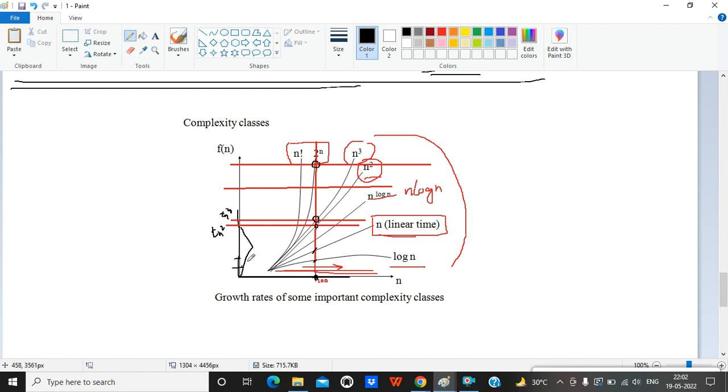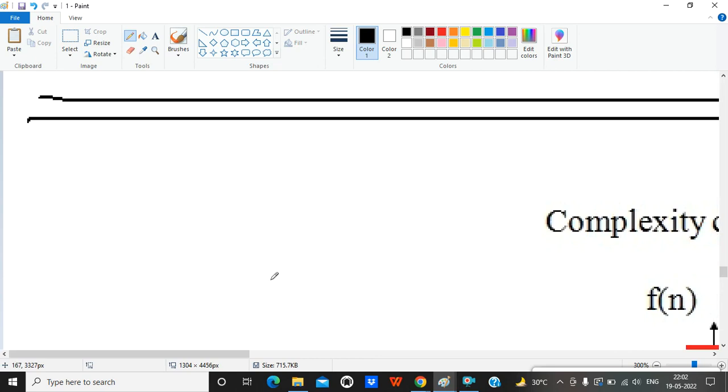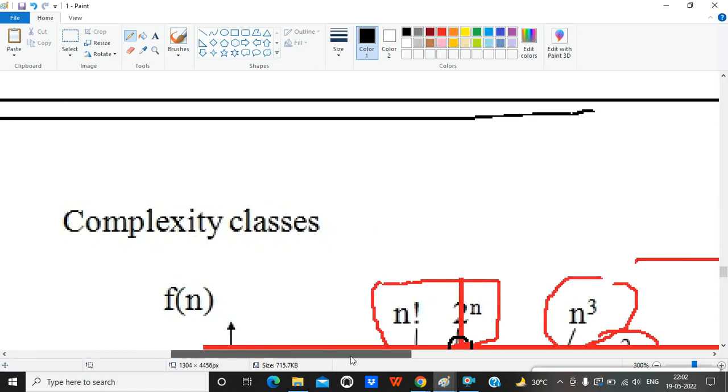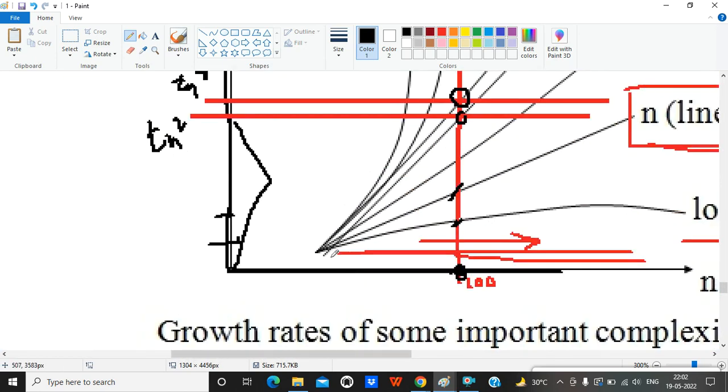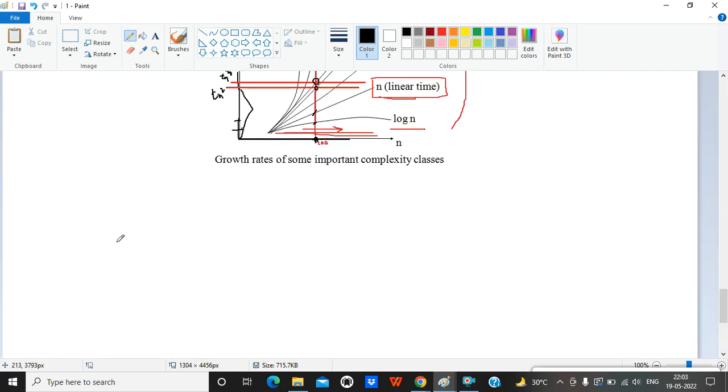If you look closely at the graph, see here there is some intersection. I am just creating it in this way, taking at least two straight lines.